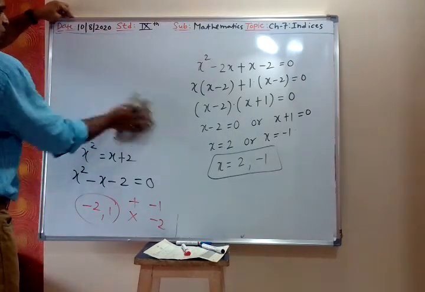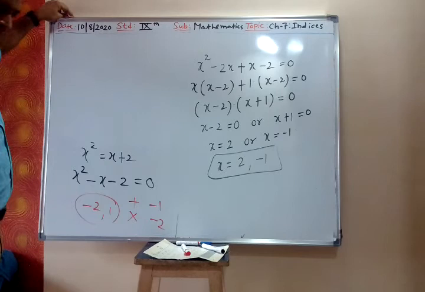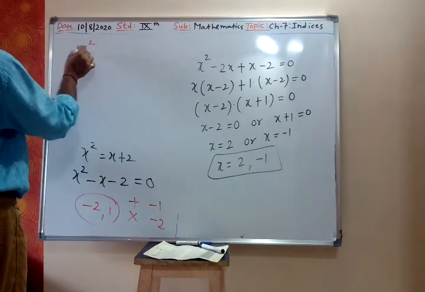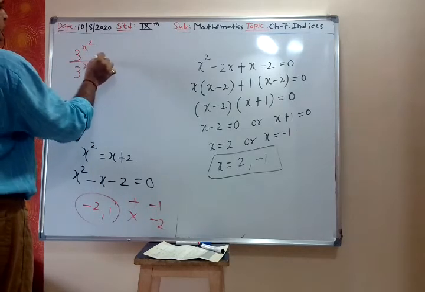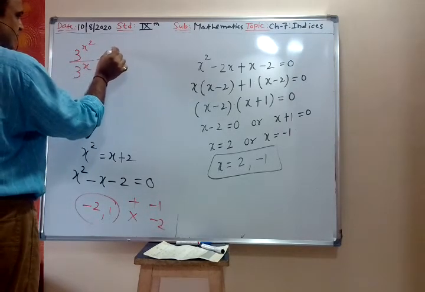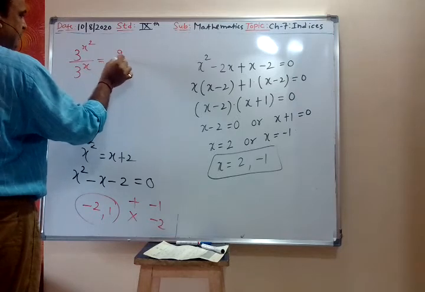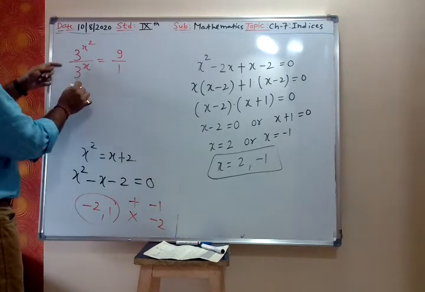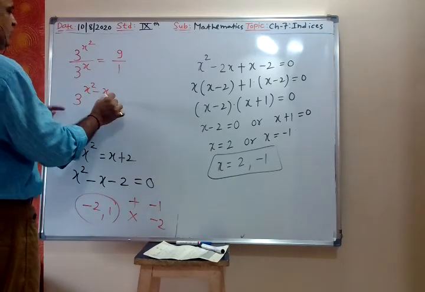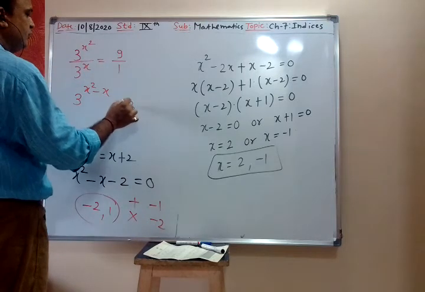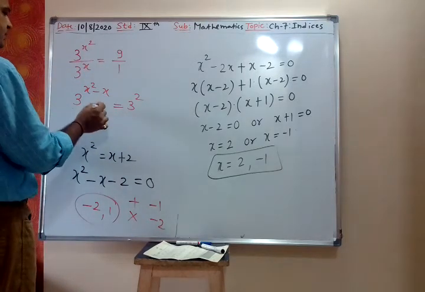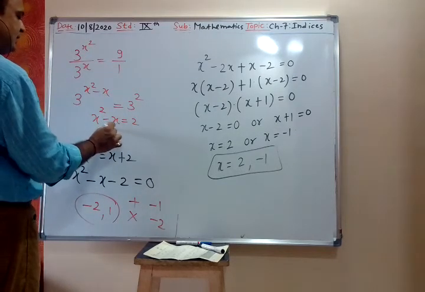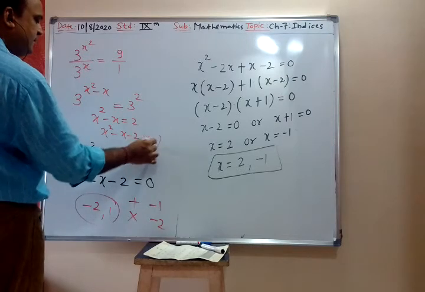You have written 3 raised to x square upon 3 raised to x is equal to 9 upon 1. So this I can write as 3 raised to x square minus x is equal to 3 raised to 2. Comparing the powers, x square minus x is equal to 2, which is x square minus x minus 2 is equal to 0.